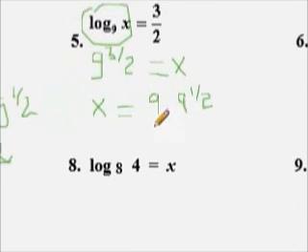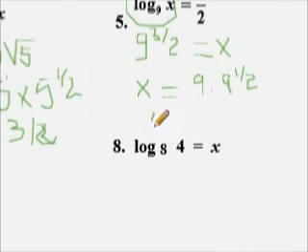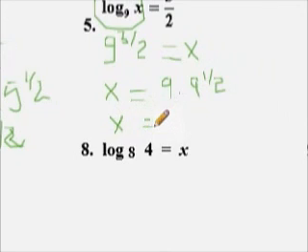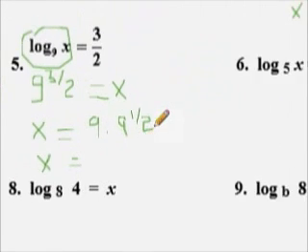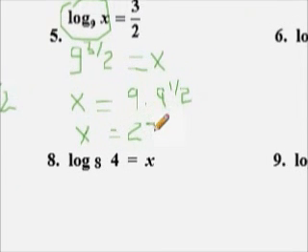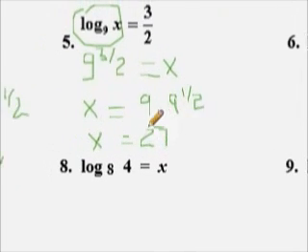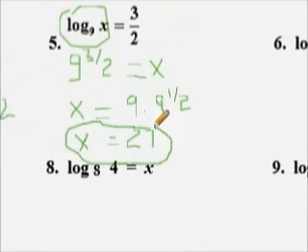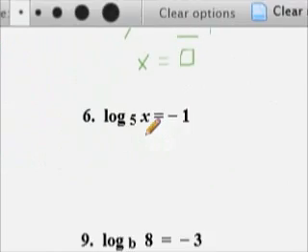So this is gonna give me x equal 9 times square root of 9. This is 27. You can do it easily on your calculator. You're gonna get 27. Okay, this is 27. This is easy. Okay, what about this one?